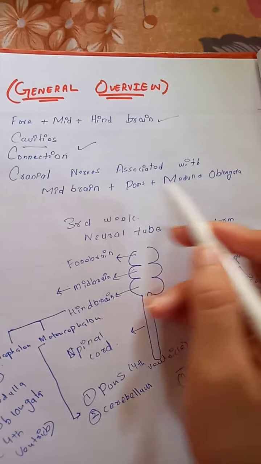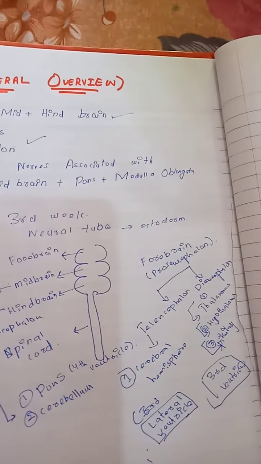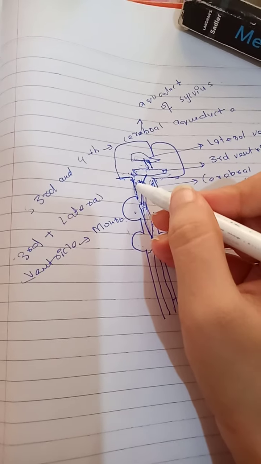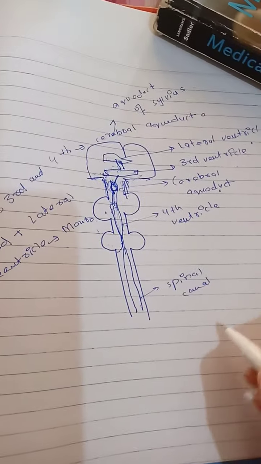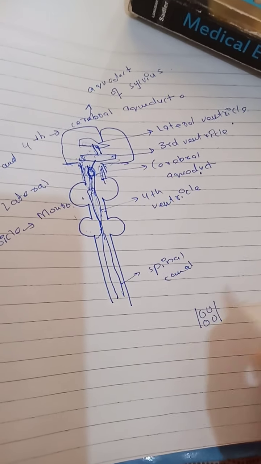Now the cranial nerves which are associated with the brainstem. If we take a simple view, this is the midbrain. The midbrain would have the superior colliculi and the inferior colliculi.